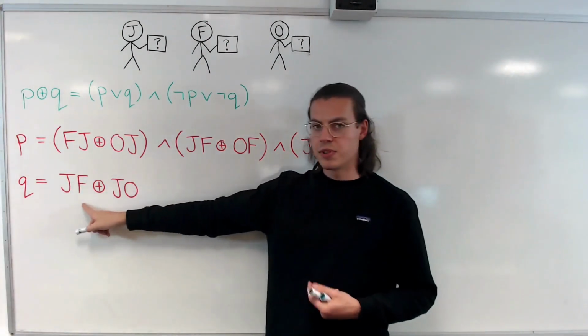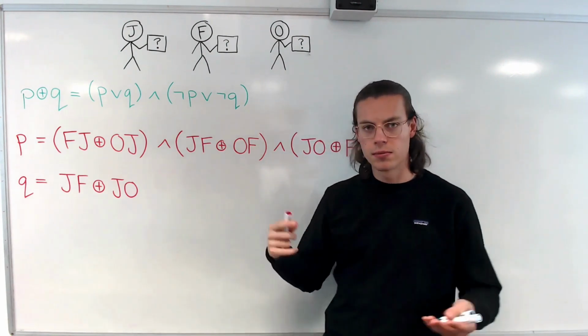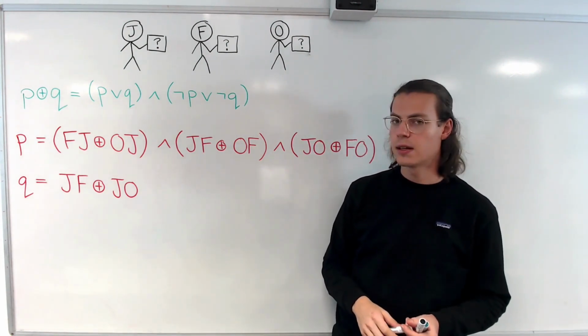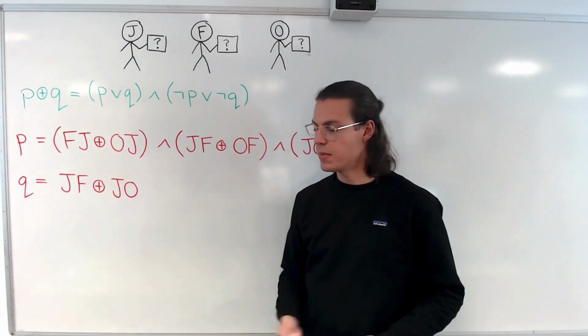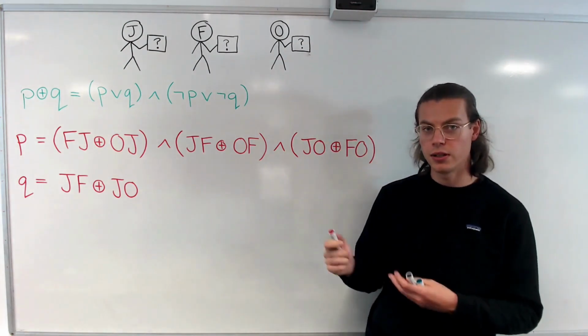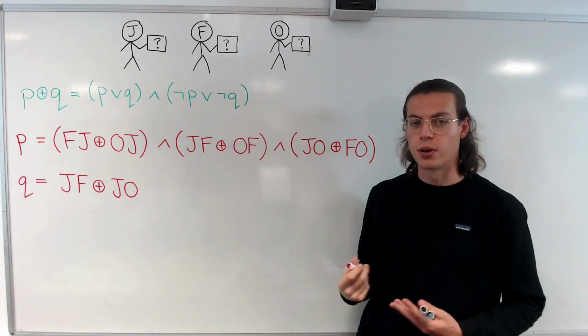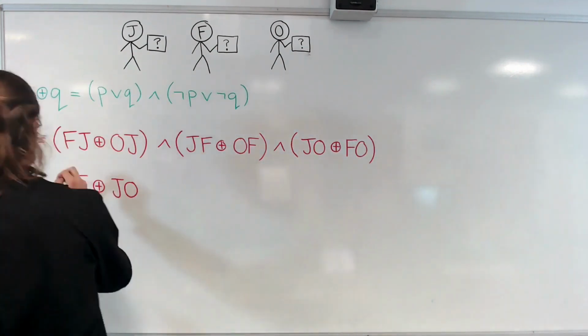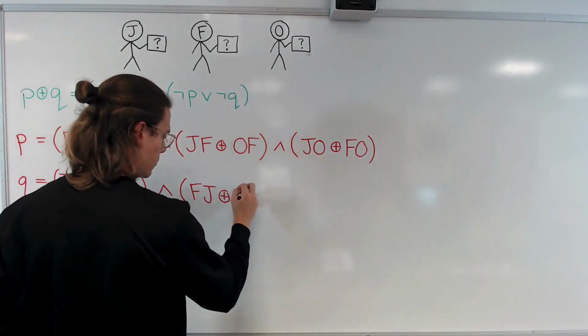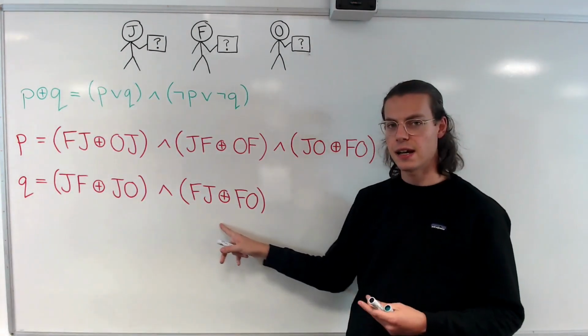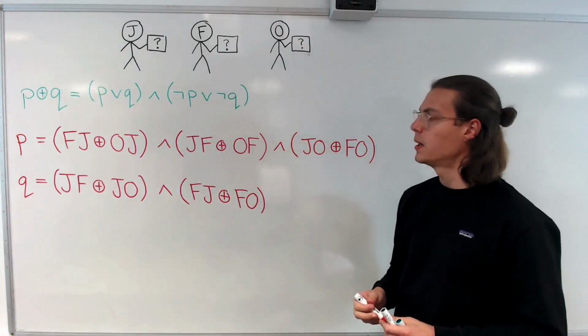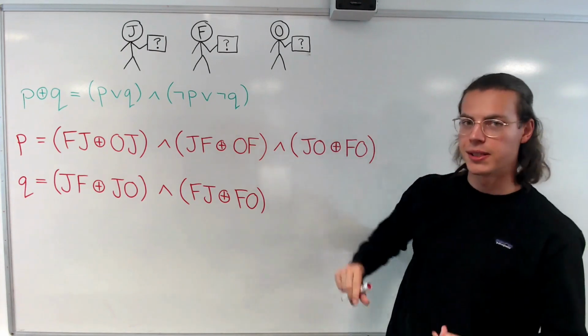That is JF XOR JO. Likewise, Felix's name is written either on Joel's piece of paper or Oscar's piece of paper, but not both. FJ XOR FO. And the same goes for Oscar's name.